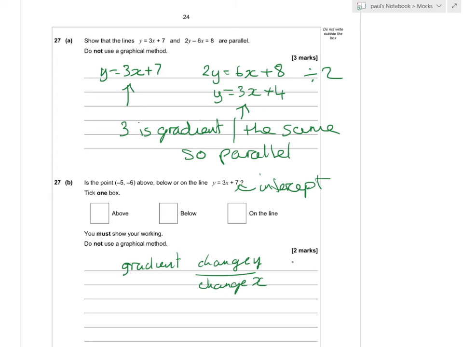Now the change in y is going to go from there to where? There's the intercept. So that would be from minus 6 to 0, yeah? And the change in x is minus 5 to 7. So this is going to be 6 over 12, which equals 0.5.